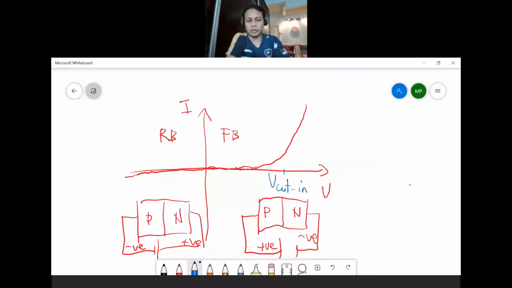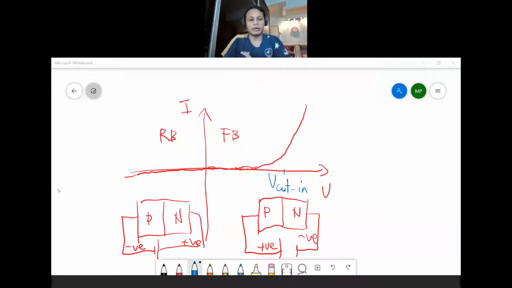It's normally about 0.7 volt for silicon. 0.7 volt is called cut in voltage. That's the point where your current starts to flow across the diode, and then you get an exponential increase of current with increase of voltage. So that's called the cut in voltage for the forward bias region.